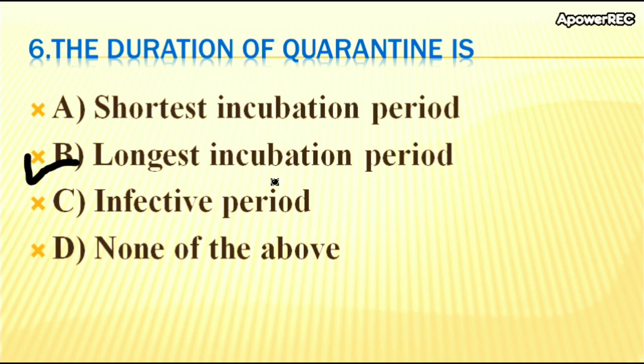Because nowadays with corona, the incubation period is maximum 14 days, so 14 days quarantine is advised. Within that period, you have to stay in a separate room to avoid infection spreading to other people.